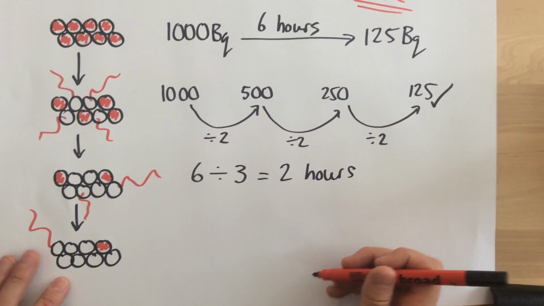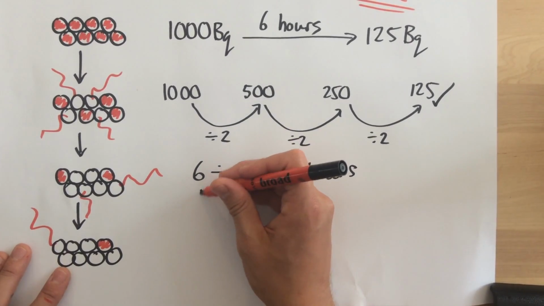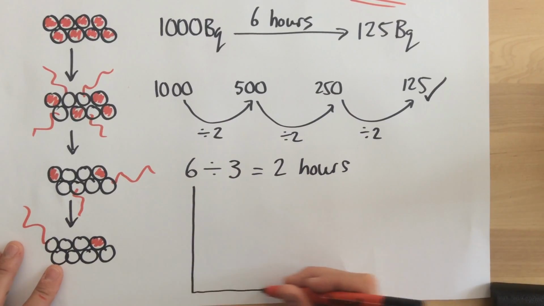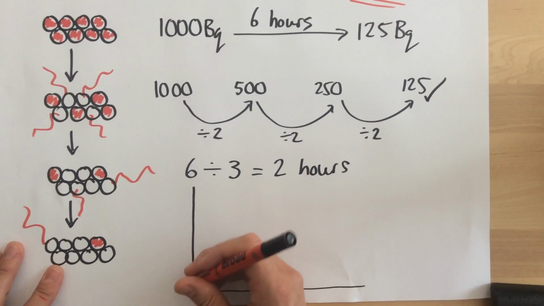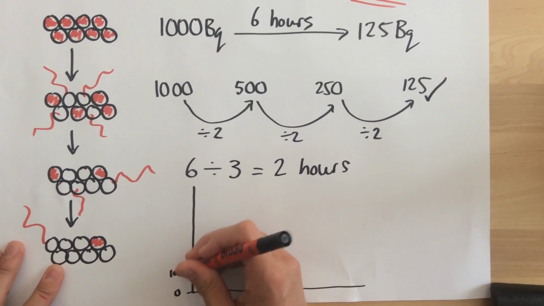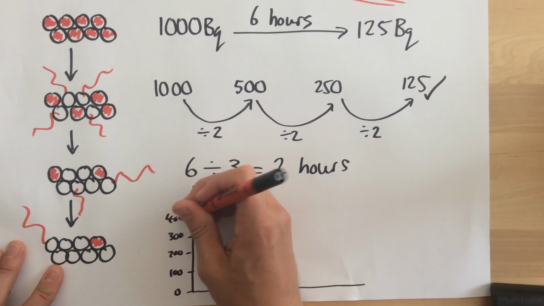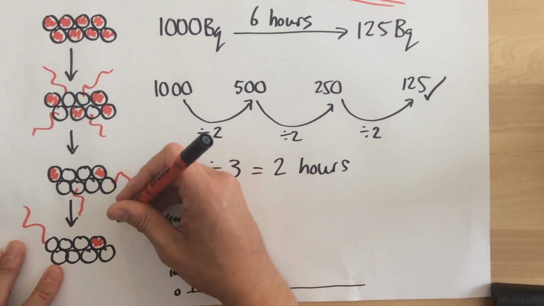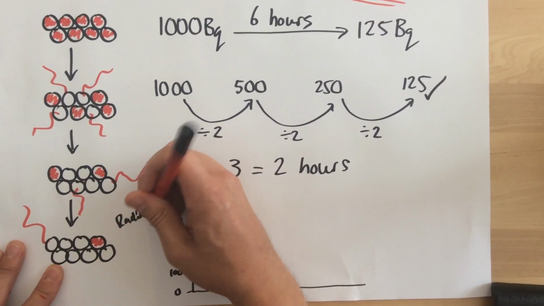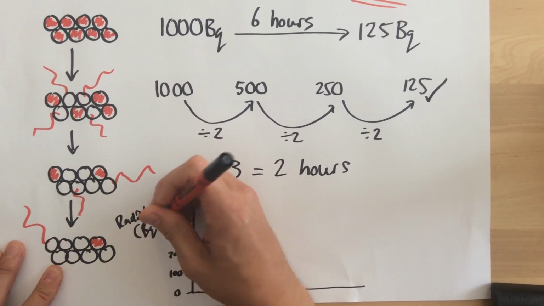We can also find the half-life from a graph. Up the y-axis, we might have a reading of radioactivity in BQ.